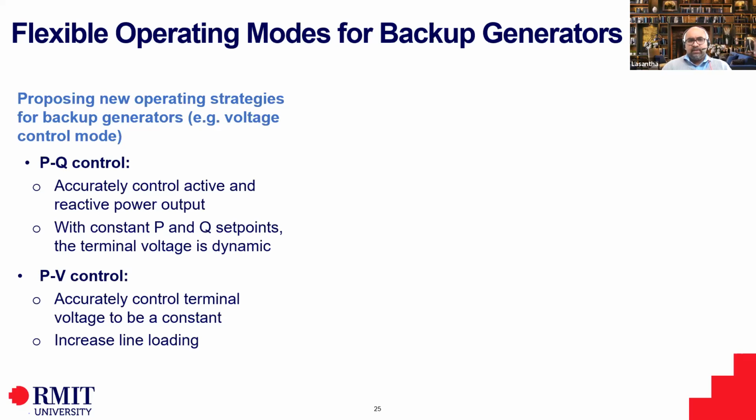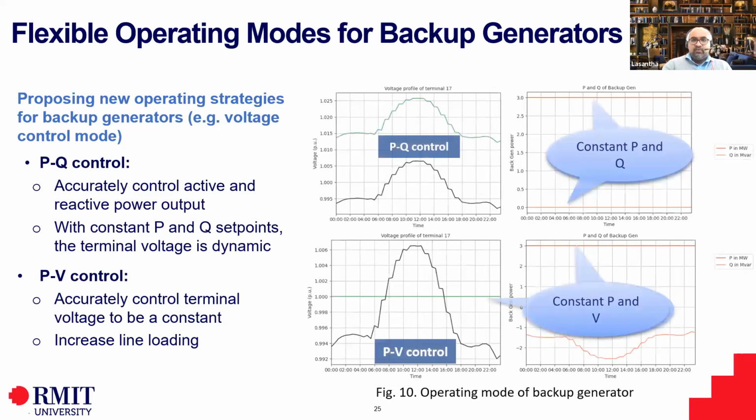The other option is PV control, which means control of the active power and the voltage at the terminal. In this control strategy, the backup generator maintains a constant active power output while keeping its terminal voltage constant. So we looked at how these two strategies apply to a backup generator.